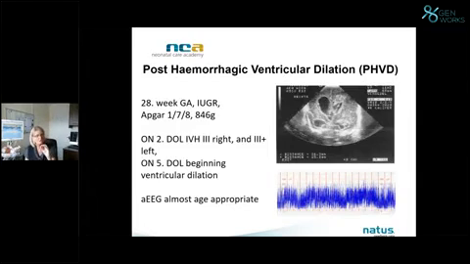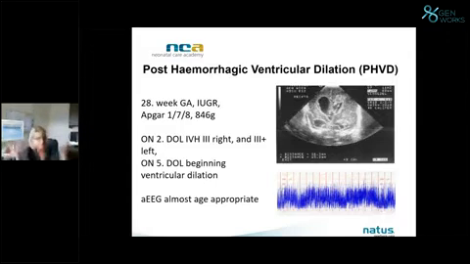And on day 2 of life, they noted intraventricular hemorrhage, a grade 3 on the right, 3+ on the left. And on day 5 of life, they noticed the beginnings of ventricular dilatation, but they had the AEEG on this baby, and at this point in time, the AEEG was almost age appropriate. It was pretty normal for a 28-weeker.